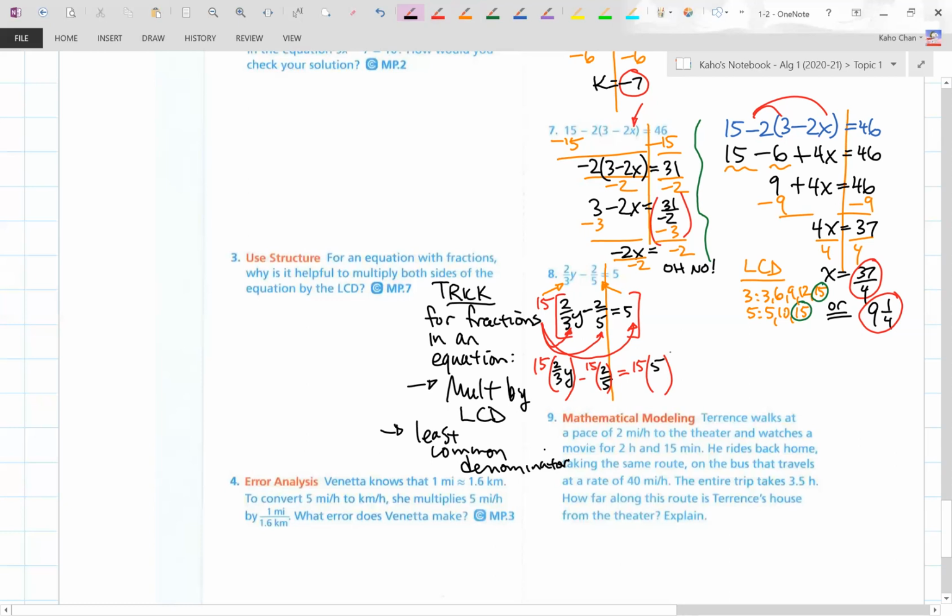But look what happens. Hey, look, yay. The denominator, 3, goes away with the 15 right there. 5 times 2 is 10. Let me write it over here. It's kind of cramped. Minus, over here in the second term, 5 goes into 15 3 times. 3 times 2 is 6. Equals 15 times 5, which is 75.